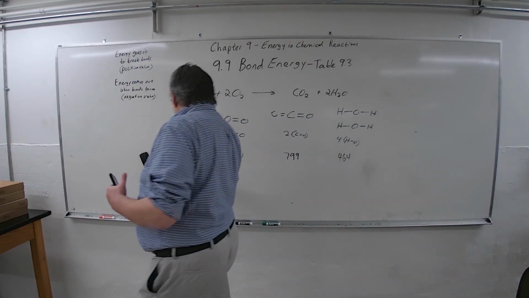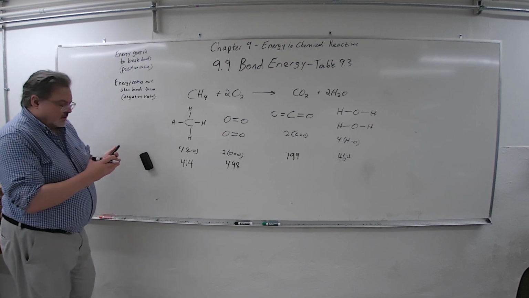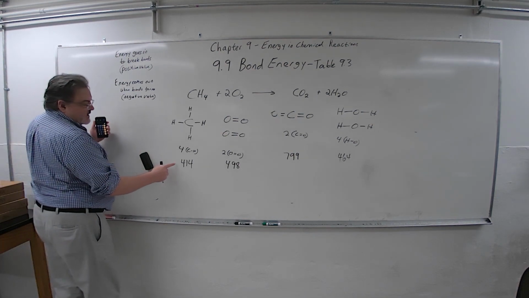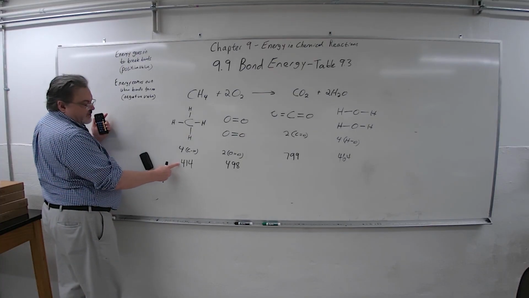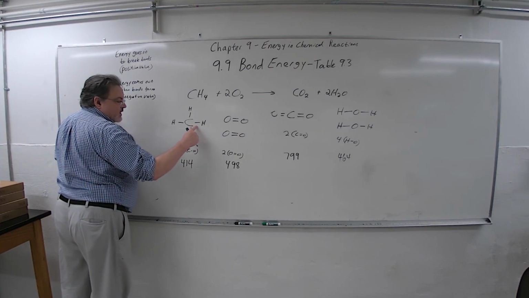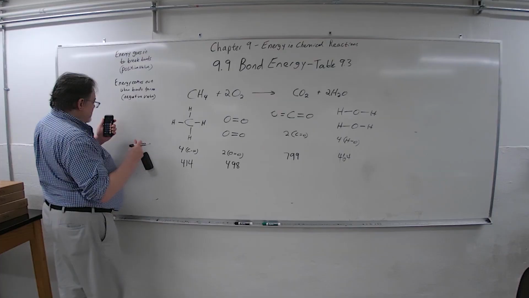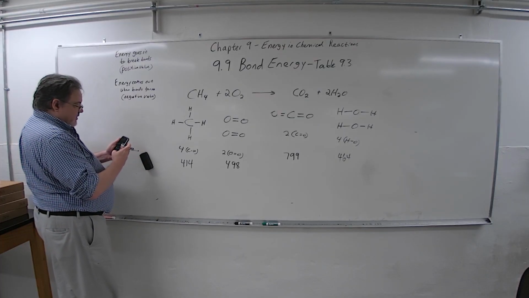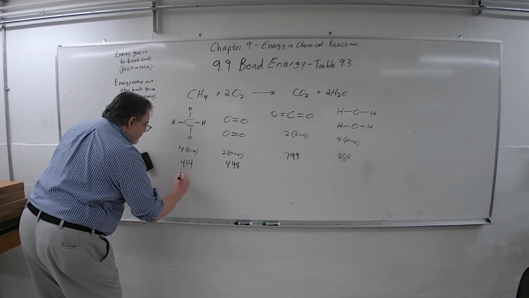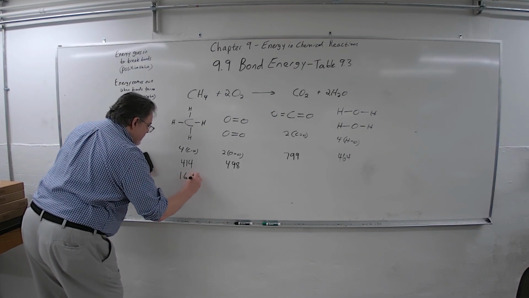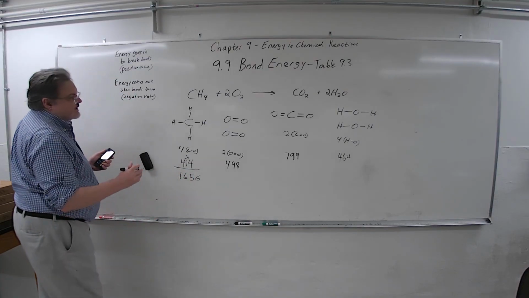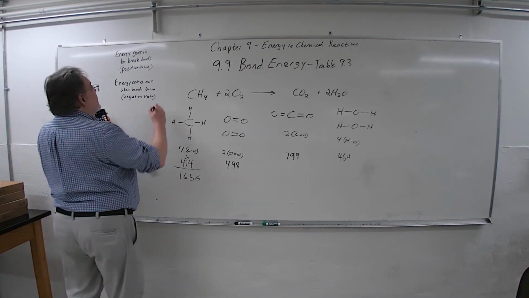So since we have 4 of these, we have to multiply that by 4. This is how much energy in kilojoules per mole it takes to break one of these bonds. I have 4 of them. So the total energy is 4 times this, which gives us that. It's kilojoules per mole.